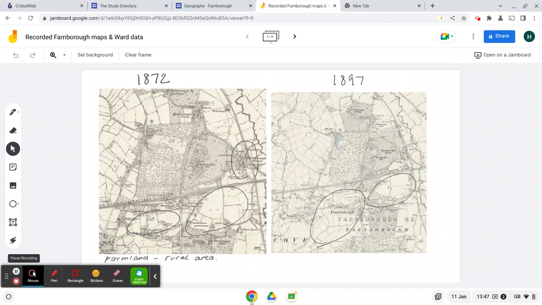So you could say you've got a small settlement around Farnborough Street. We've also got a small settlement around Farnborough Station here. So there is some development, but there is mostly farmland, and also then we've got a lot of woodland here north of the train line.